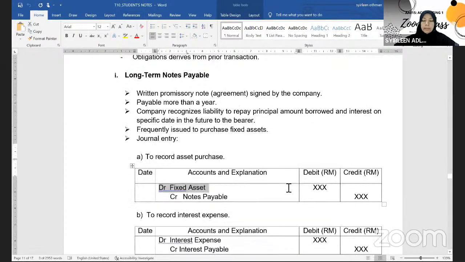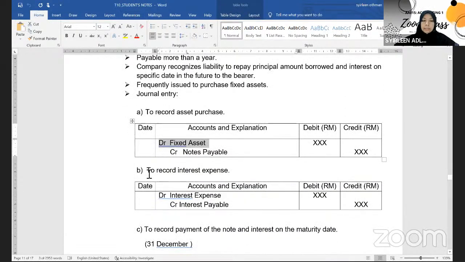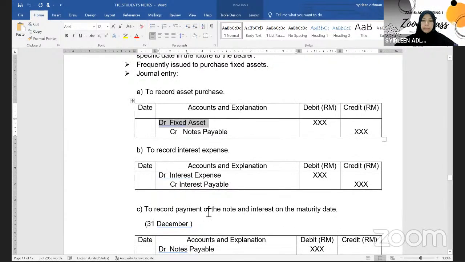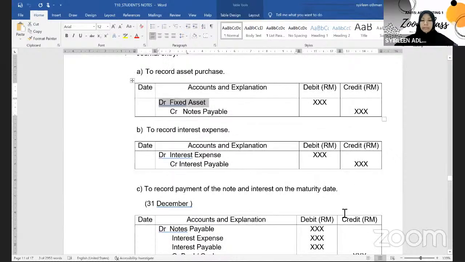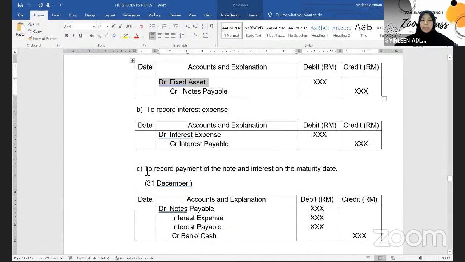And then secondly, you need to record the interest expense. This interest expense is based on the tenure of your notes payable, so berapa lama yang kamu meminjam notes payable ni until the day of the maturity. So you need to record the interest expense. And then next you need to record payments of the note and interest on the maturity date. This is actually the payment made.